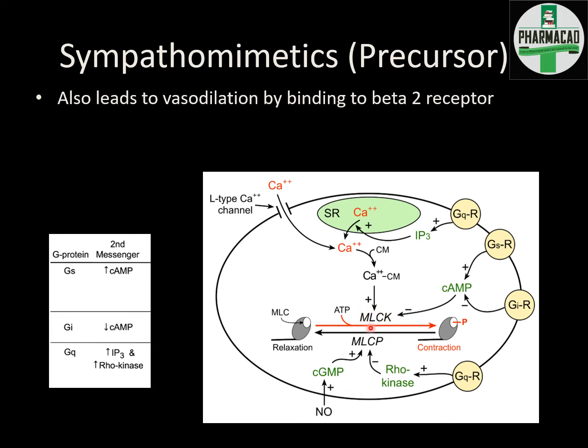When this kinase enzyme is inhibited, there is no phosphorylation, and that's why there won't be any contraction. So what is happening? There is relaxation. So this is how norepinephrine, by binding to beta 2 receptor, increases cAMP level inside the smooth muscle cells, inhibits MLCK enzyme, and causes relaxation.